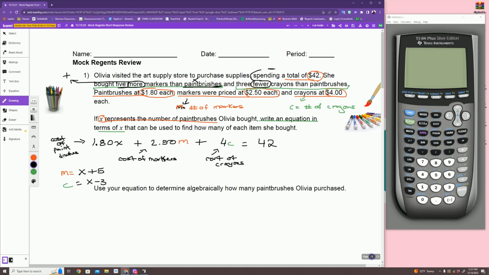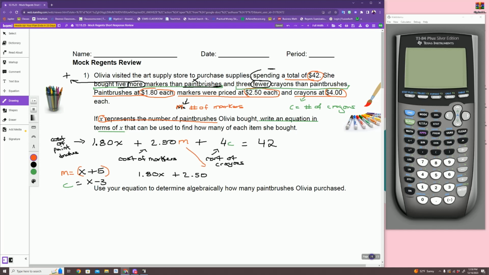Now, how can we use this in this equation? Well, we have 1.80x as the cost of our paintbrushes plus $2.50 M, which is the cost of the markers, but instead of M, I can substitute the value x plus 5.